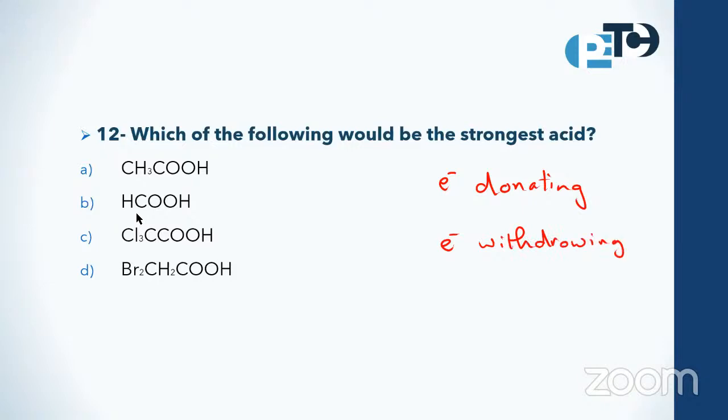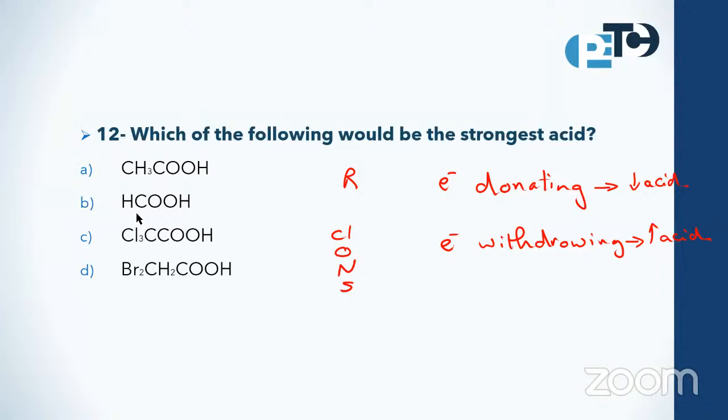Electron donating groups decrease the acidity, while electron withdrawing groups increase the acidity. Electron donating, like what? Like alkyl groups. Electron withdrawing, like halides, oxygen, nitrogen, sulfur, and so on. Those will increase the acidity of the carboxylic acid.